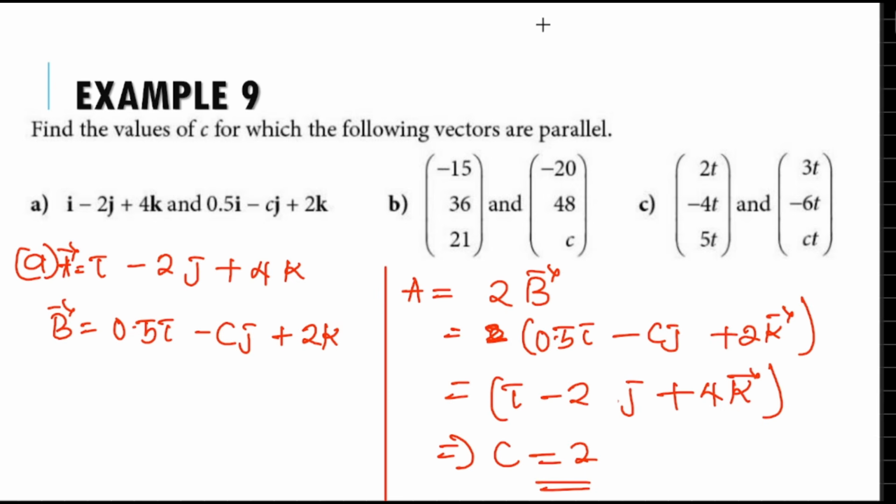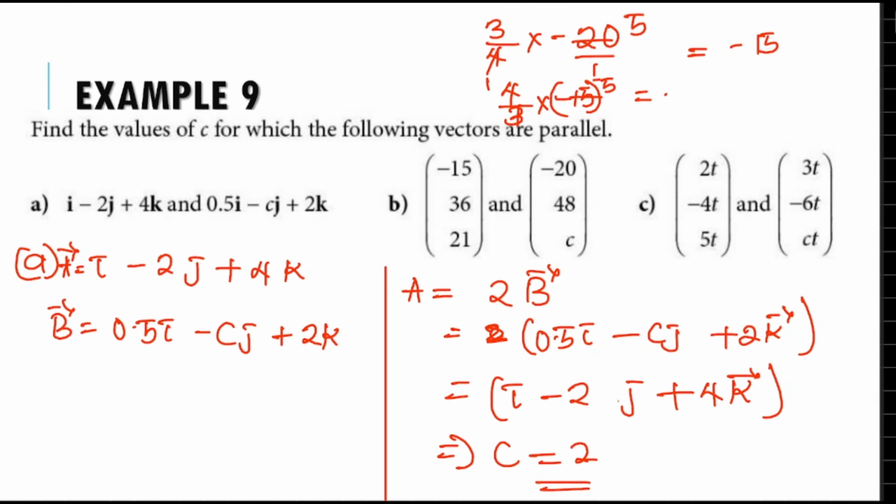Let's do something here. If we do 3 over 4 multiplied by minus 20, 4 here 1, 4 here 5, this will give us minus 15. Does it make sense? So if we do 4 over 3 times minus 15, 3 here 1, 3 here 5, minus 5, the answer will be minus 20.